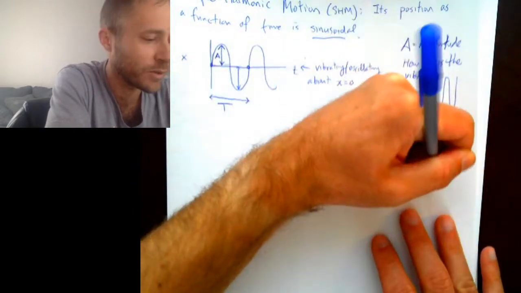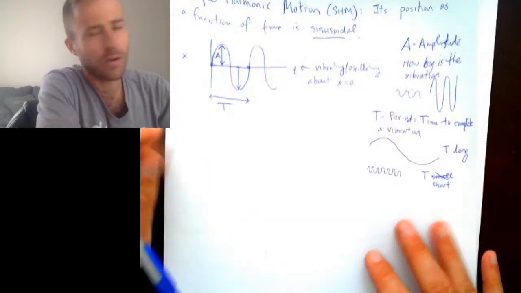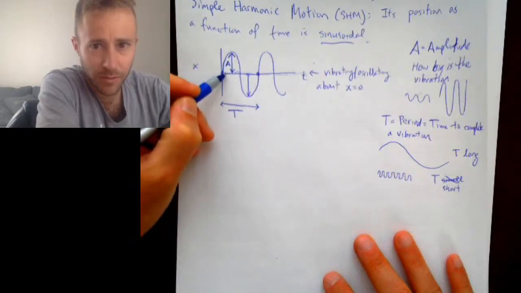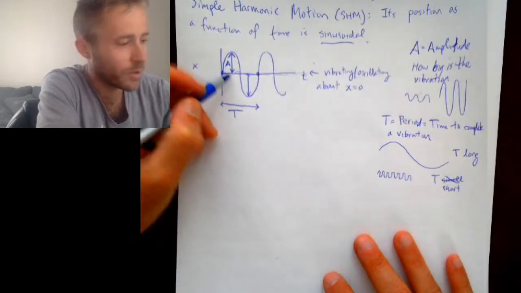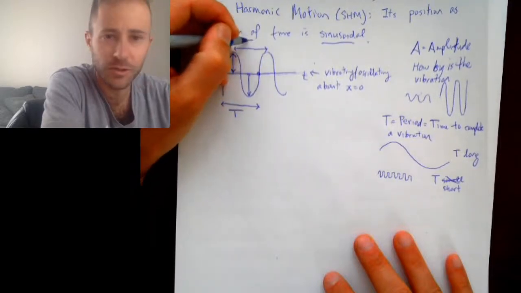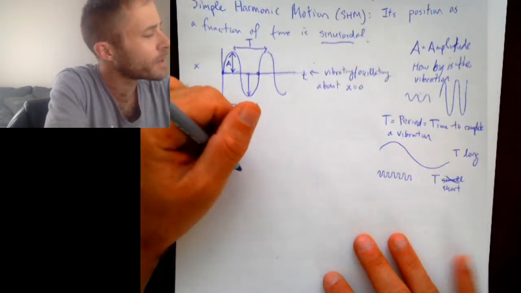So short period and a long period. Okay, we don't have to use this method of getting the period. We could actually just do the time between peaks. That's sometimes an easier way to do it, that amount of time. Okay.